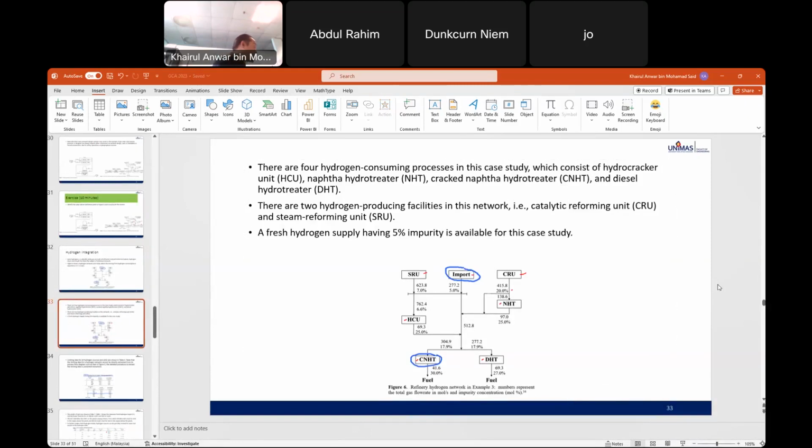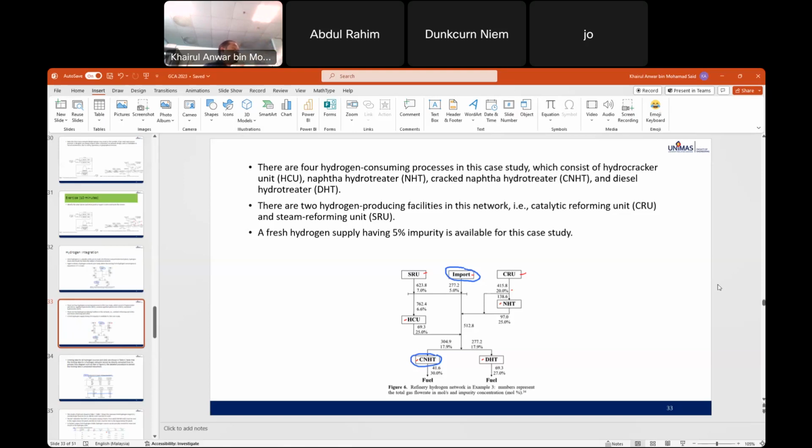And so far, since week one, we've learned some introduction to mass pinch analysis. So mass pinch is different from energy and heat, covered by Dr. Asrul and Dr. Hari. This is mass pinch analysis.